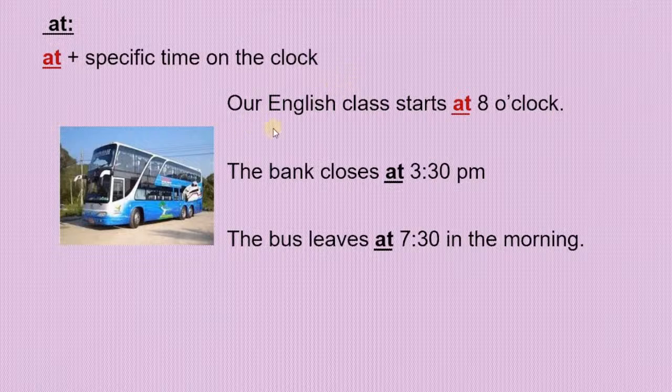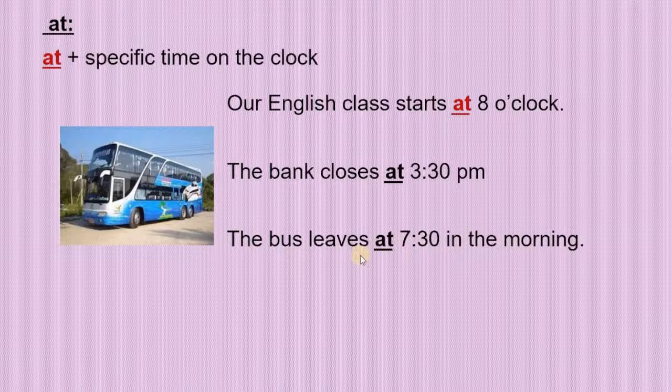Example here, our English class starts at 8 o'clock. You don't say on 8 o'clock, wrong. In 8 o'clock, wrong. But we say at 8 o'clock. Starts at 8 o'clock. The bank closes at 3:30 p.m. The bus leaves at 7:30 in the morning.